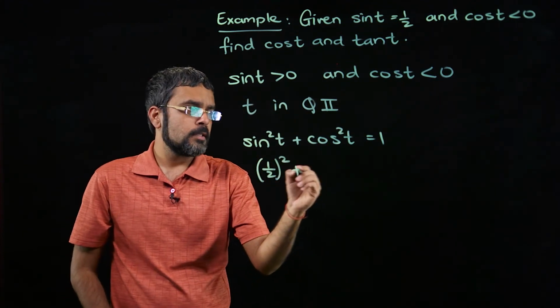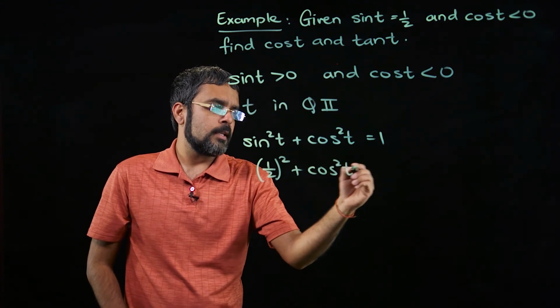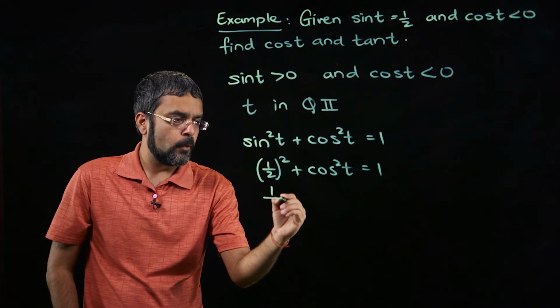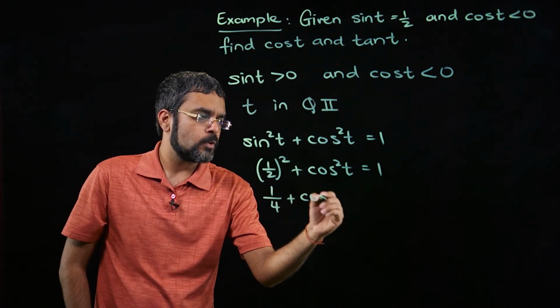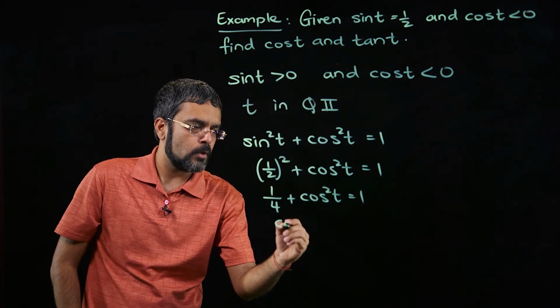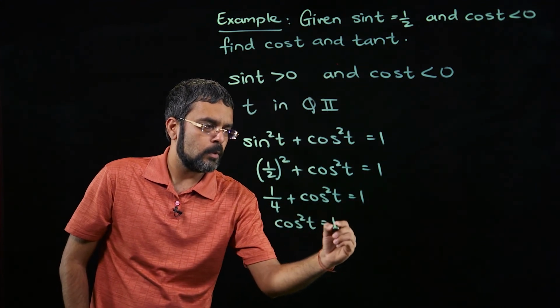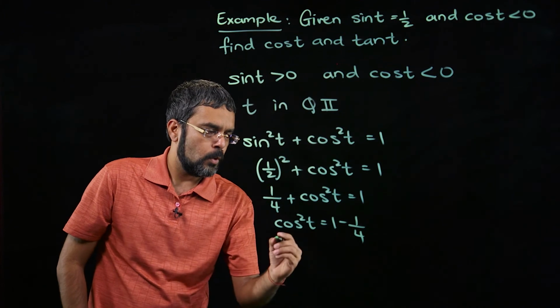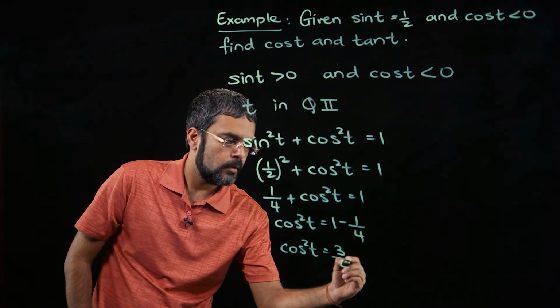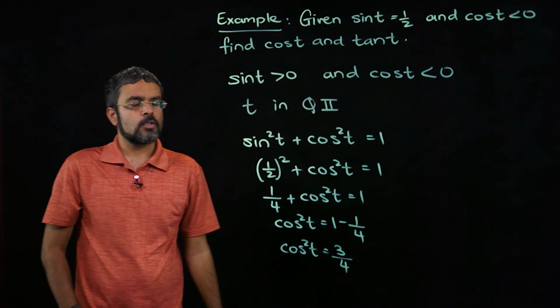Okay, plus cosine squared t equals 1. All right, so 1/2 squared is 1/4 plus cosine squared t equals 1. I'm going to subtract a 1/4 and I get cosine squared t equals 1 minus 1/4, which gives me 3/4.